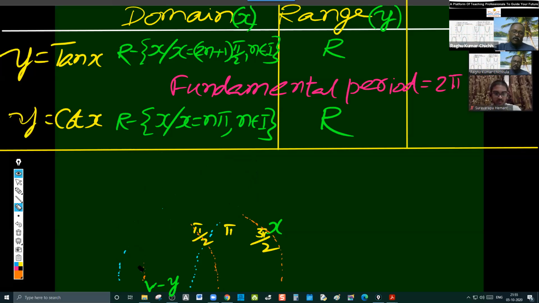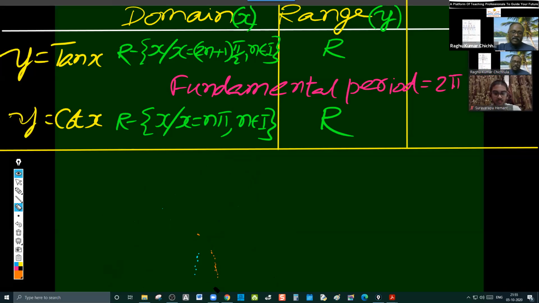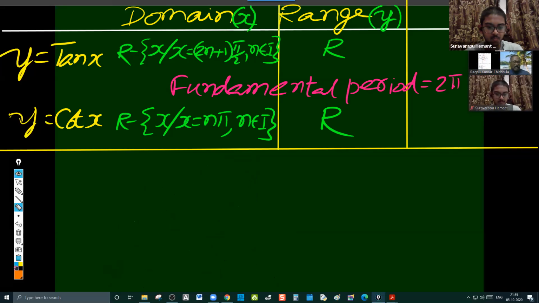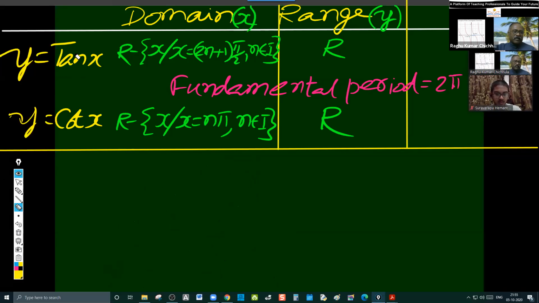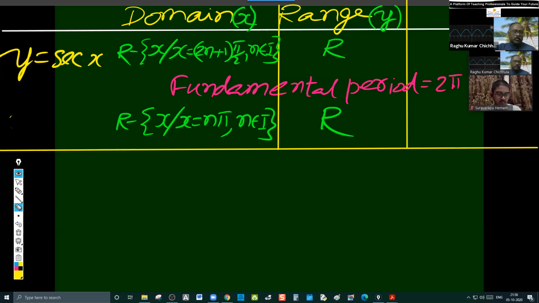If you understand the logic I explained properly, you can say the domain of secant x and even cosecant x straight. Like what? Let me change this. This is secant x. Let me change this. This is cosecant x.